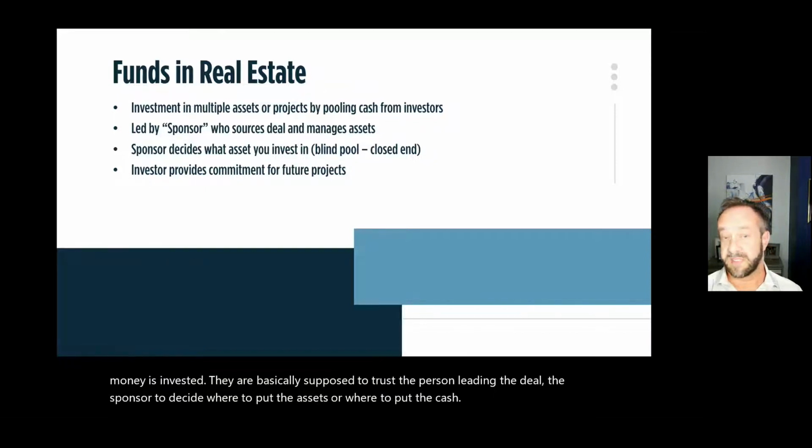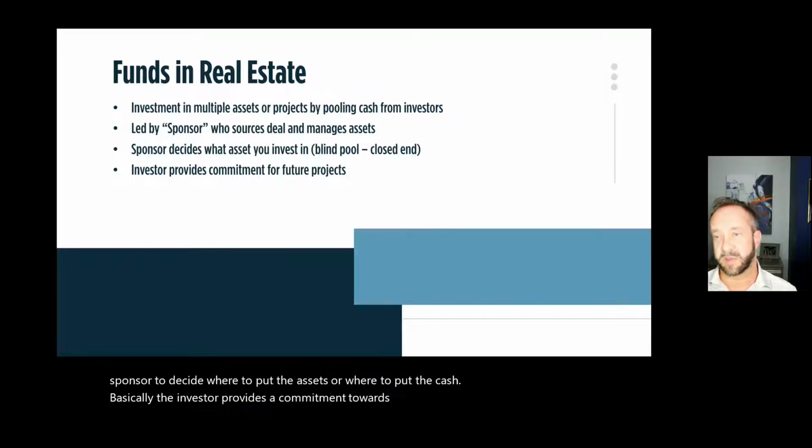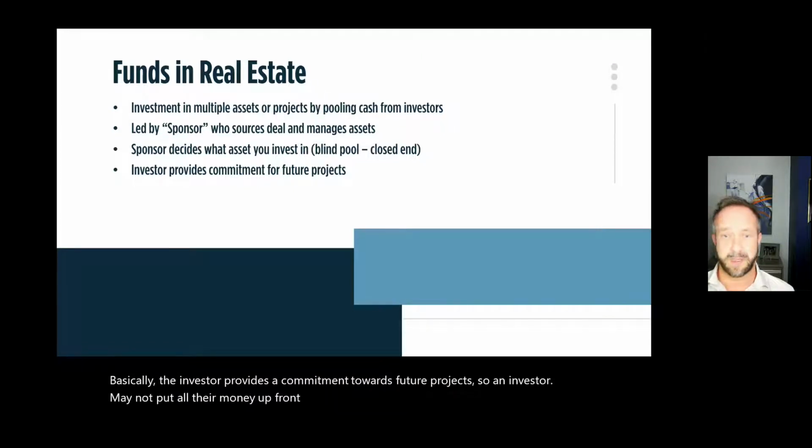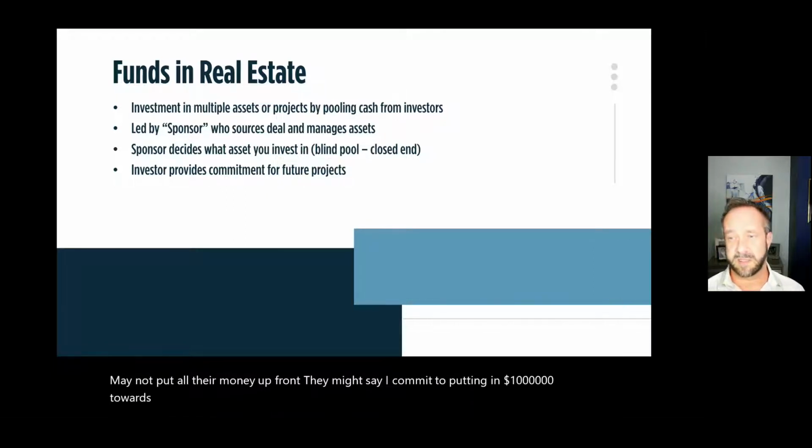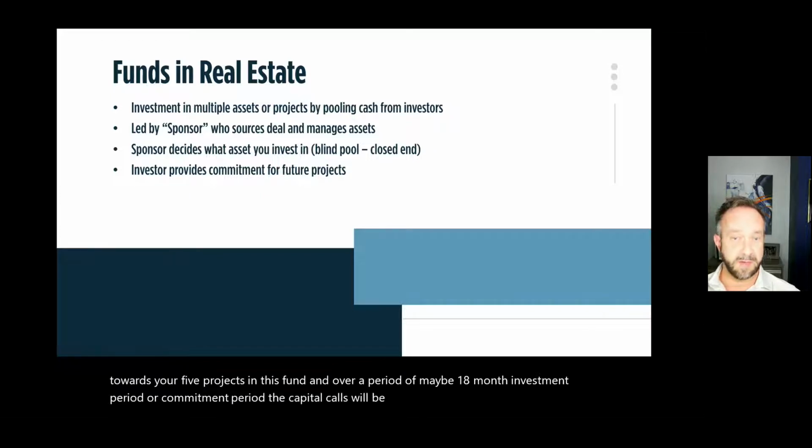Basically, the investor provides a commitment towards future projects. So an investor may not put all their money up front. They might say, I commit to putting in $1 million towards your 5 projects in this fund. And over a period of maybe 18-month investment period or commitment period, the capital calls will be made as projects are identified.